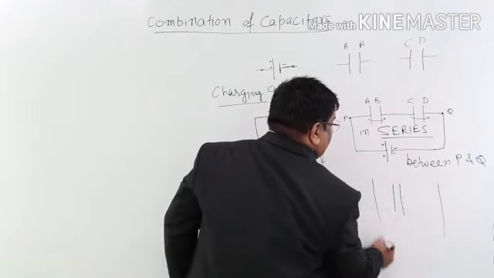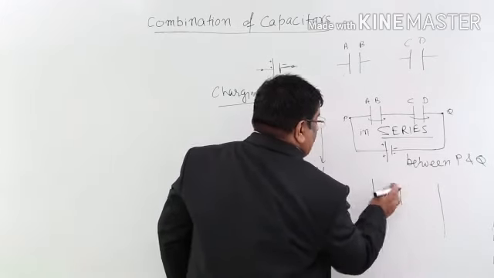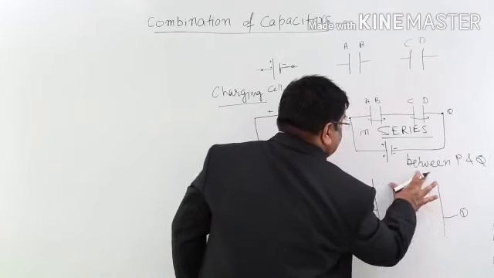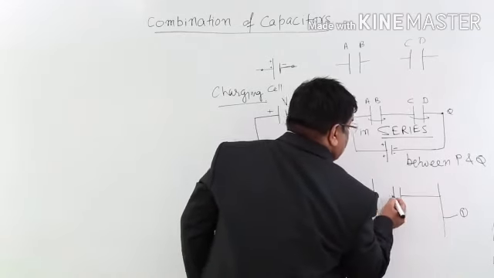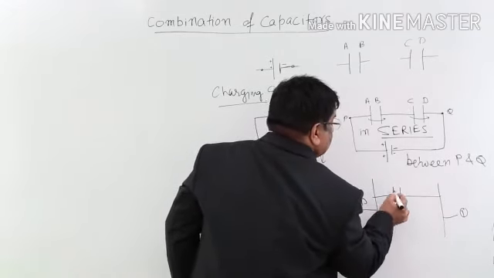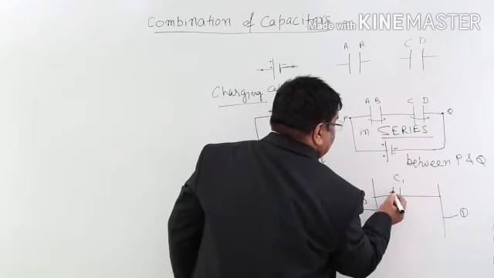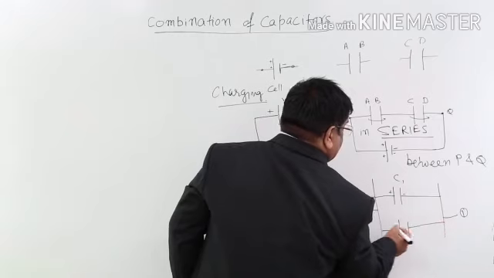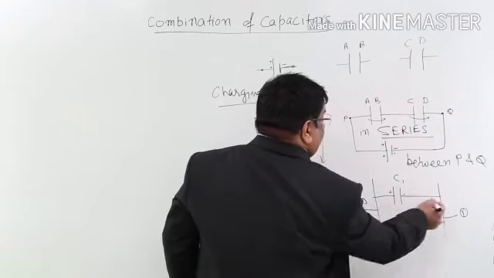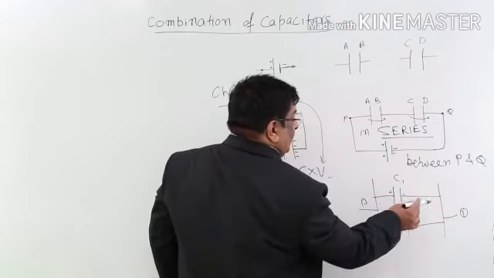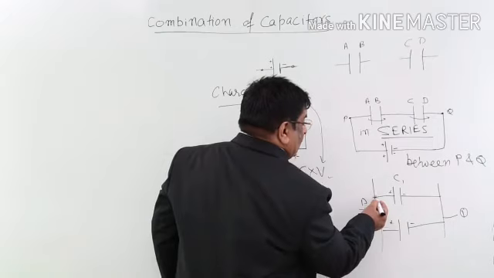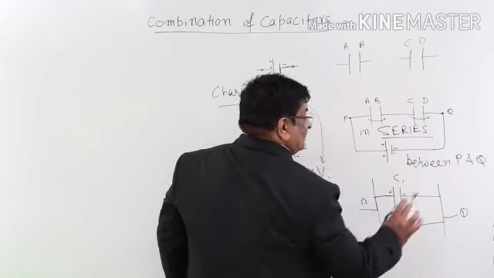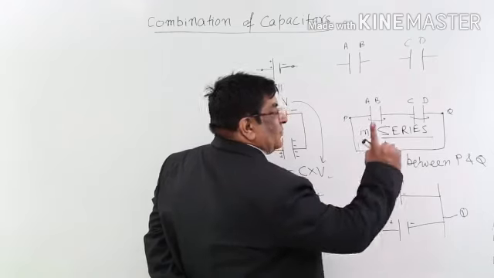Now again there are two points, one is P and this one is Q. This capacitor is C1, this is another capacitor C2. Between P and Q, I want to go from P to Q. This is the path. I go from here, jump one capacitor, reach Q. Okay, I have jumped only one.